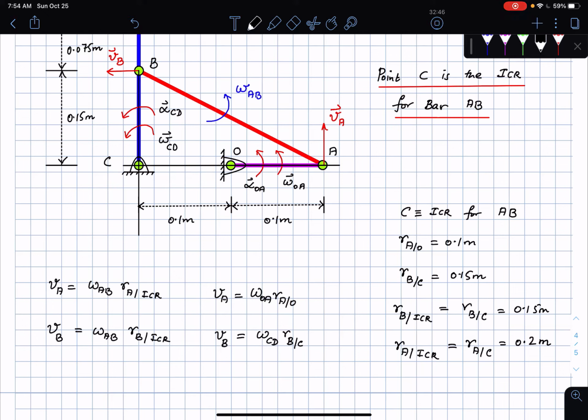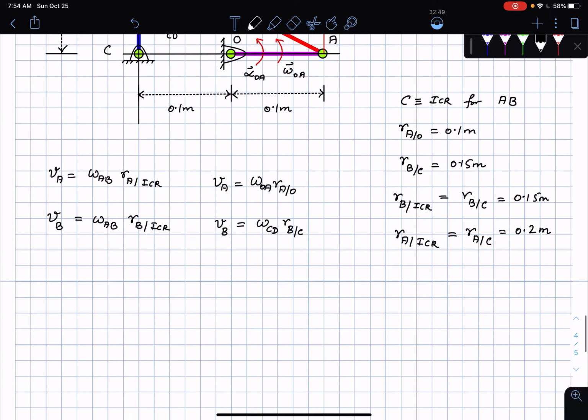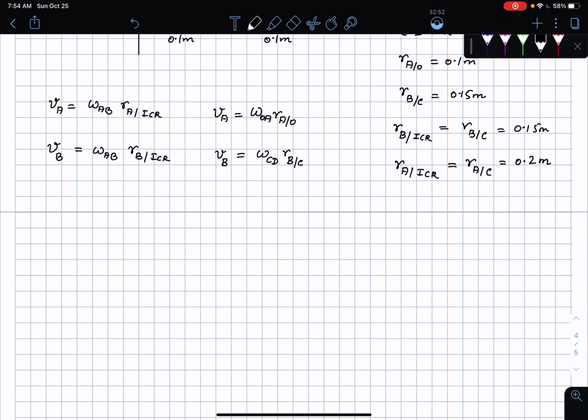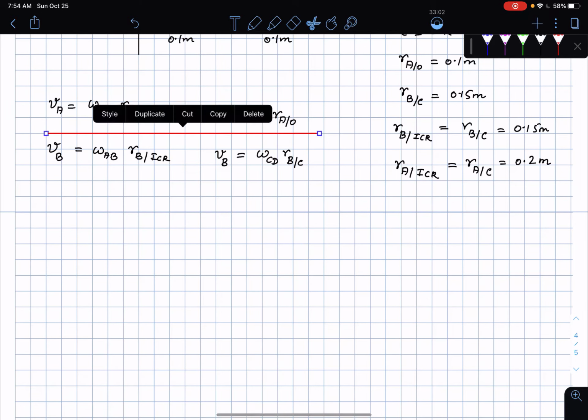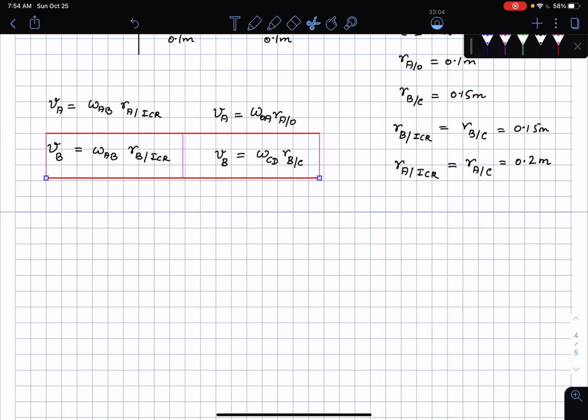All right. Once I have everything done, then all I have to do is just bring it all together. So from these two equations, let me underline them here, it is very obvious to see that I can equate those two velocities together.